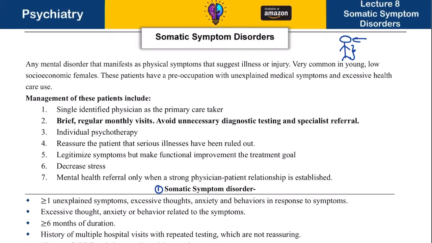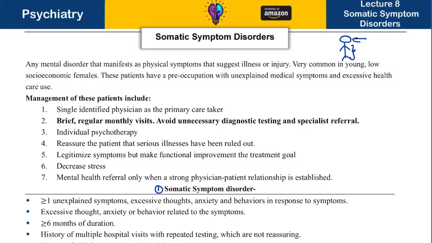The management is you need this patient to be with a single identified physician, and the physician must have brief, regular monthly visits. So once the patient is diagnosed with somatic symptom disorder, you need to make sure that you avoid any diagnostic testing and specialist referral.